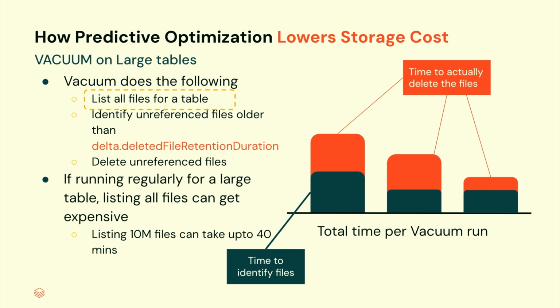And it turns out, 40 minutes, a large chunk of that time, was just spent listing these files. The first time you run the vacuum, you have enough data to delete, this is probably okay, but if you see the third run of the vacuum over there, we barely had any data to delete, and we still spent 40 minutes listing all the files. This can increase your compute cost rapidly. So can we do better?